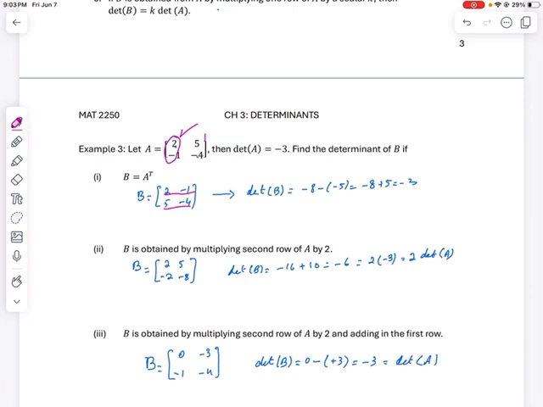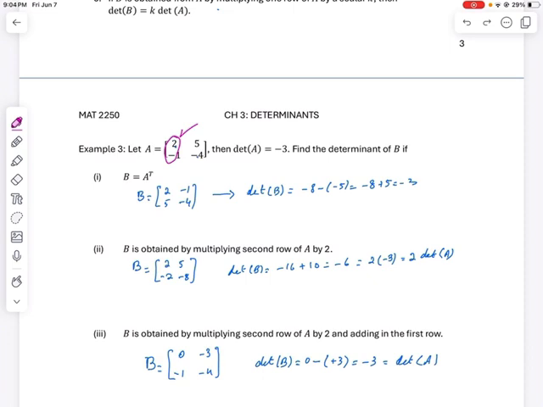Now when we use ad minus bc on B to calculate the determinant of B, we get negative 8 minus negative 5, so minus 8 plus 5, which is negative 3. So what did we notice? That the determinant of A and the determinant of B are the same. That's what it said in the property up there.